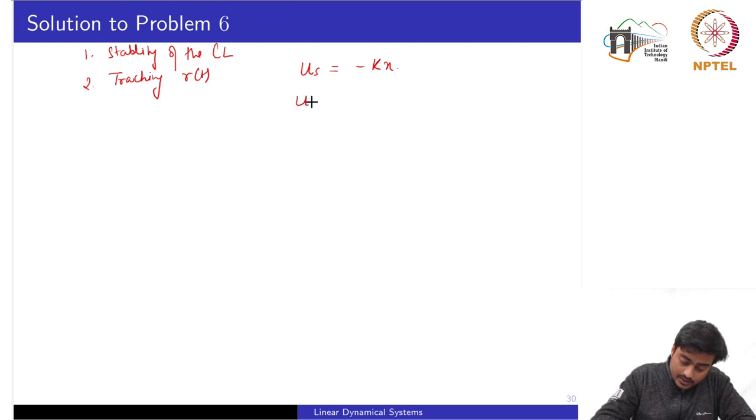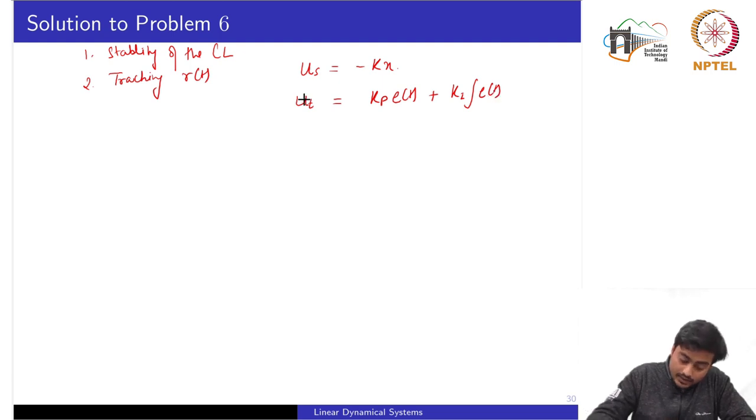So let's say we take u_t as a multivariable PI controller in terms of kp times the error plus ki times the integral of e(t).